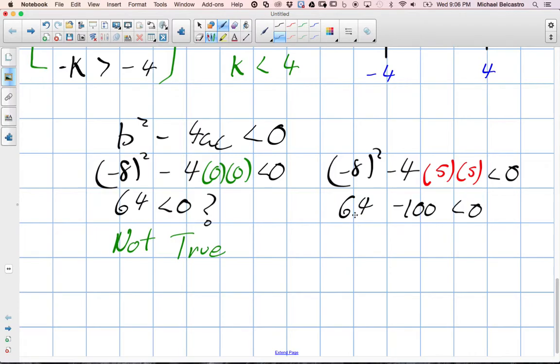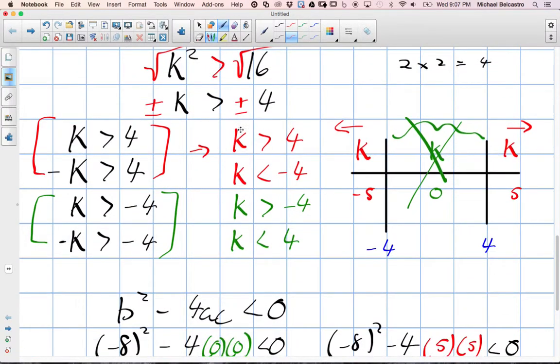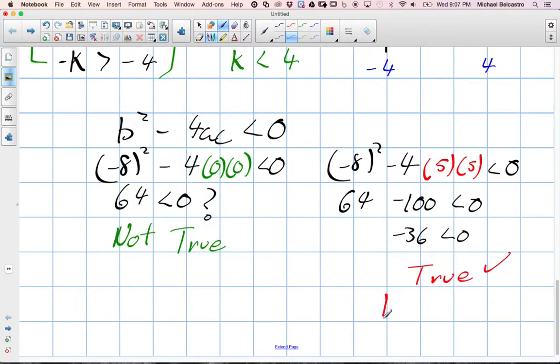And that's going to give us negative 36. Is negative 36 less than 0? Yes, so this is true. Okay, that's important. So that means the pairing is this red pairing here. These are our answers. So when k is greater than 4 and when k is less than negative 4, those are our answers.